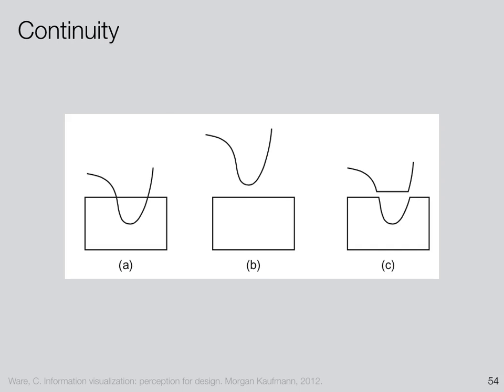Another principle is continuity. So here we see a pattern on the left, where you probably see a curve overlaid on top of a rectangle, and we perceive that curved line to be in a way its own entity on top of the rectangle, which is kind of the interpretation that we see in B, instead of the interpretation that is indicated in C, where the two shapes are actually kind of counterintuitive, because our eyes actually favor, and through this also expect, continuous curves and lines, and not these kind of abrupt edges.